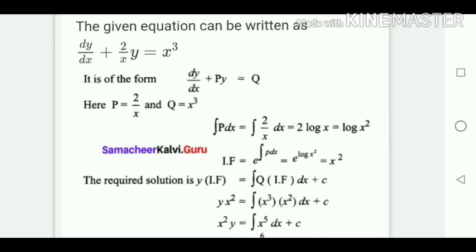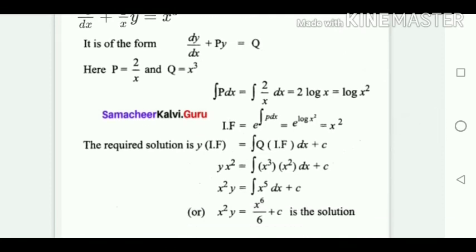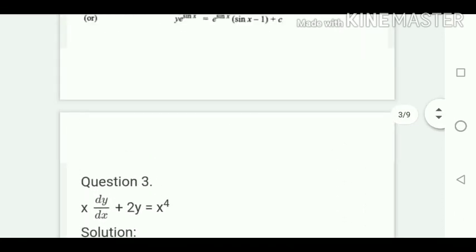Then apply IF equal to e power integration of P dx. Then the required solution becomes y into IF equal to integration of Q into IF dx plus c. After multiplying the IF into Q, we have to integrate and find the value of the solution.